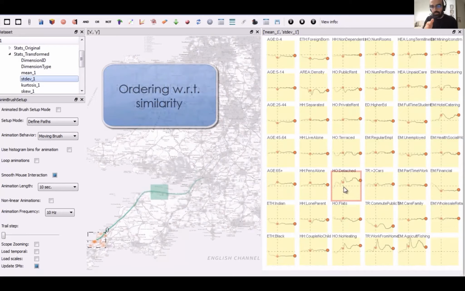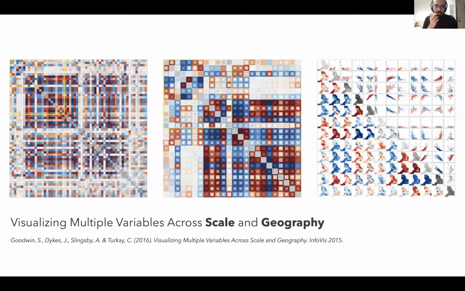By looking at these small multiples of different traces of the different variables, we try to support this multivariate comparison task.